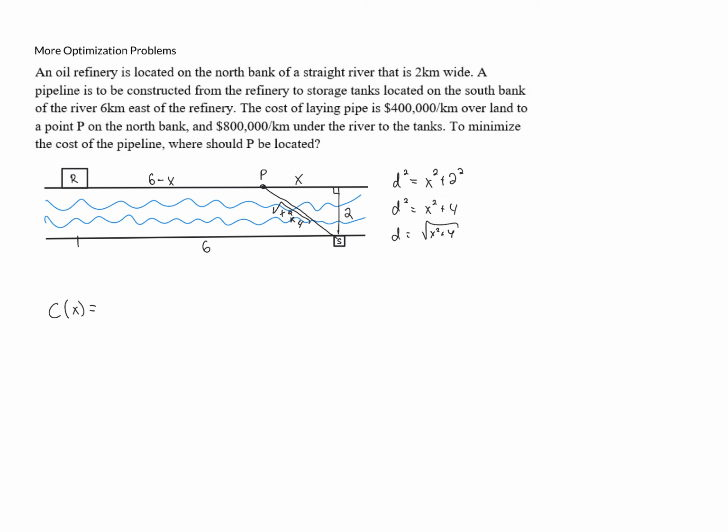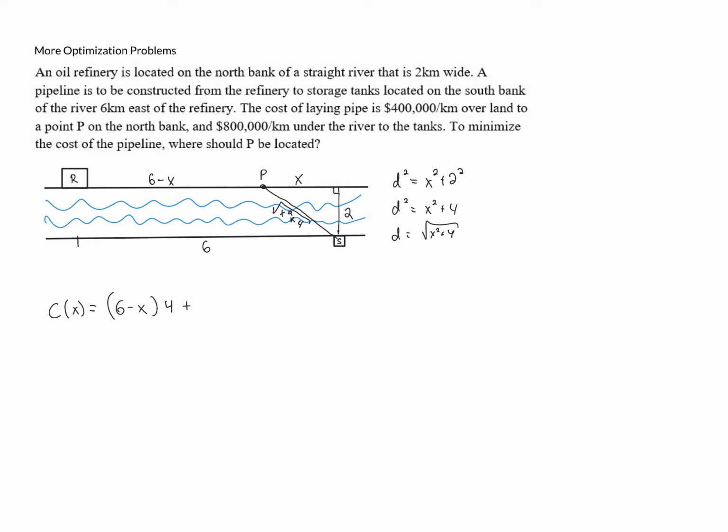So we know that it's going to be $400,000 per kilometer over land, and the overland distance is 6 minus x. So that's going to be 6 minus x times, let's measure this in terms of hundreds of thousands of dollars. So we can say that that's 4.